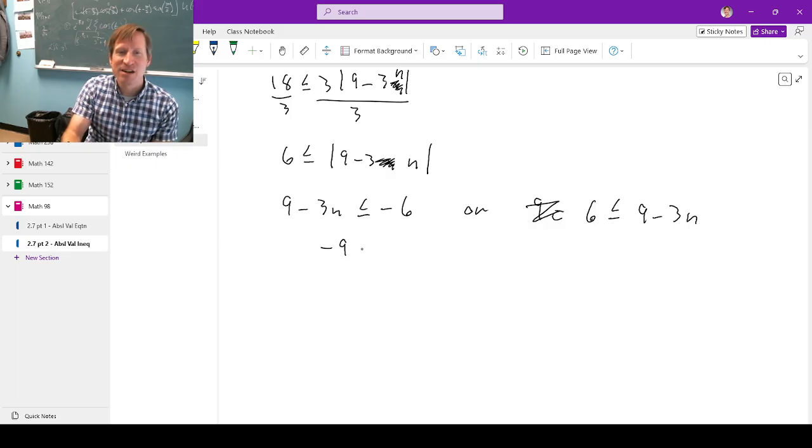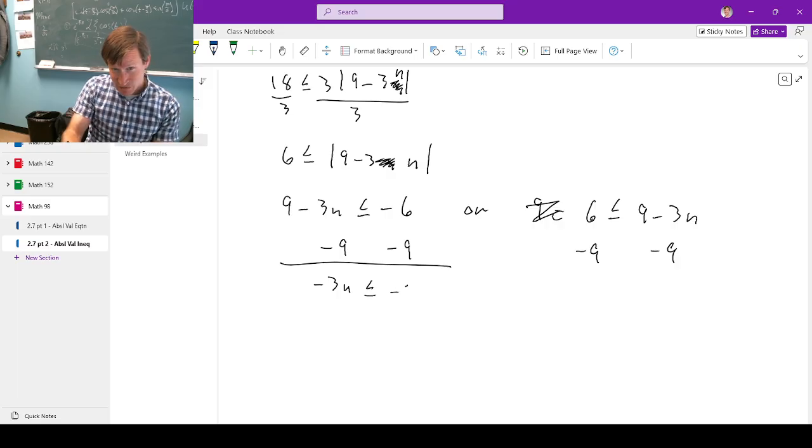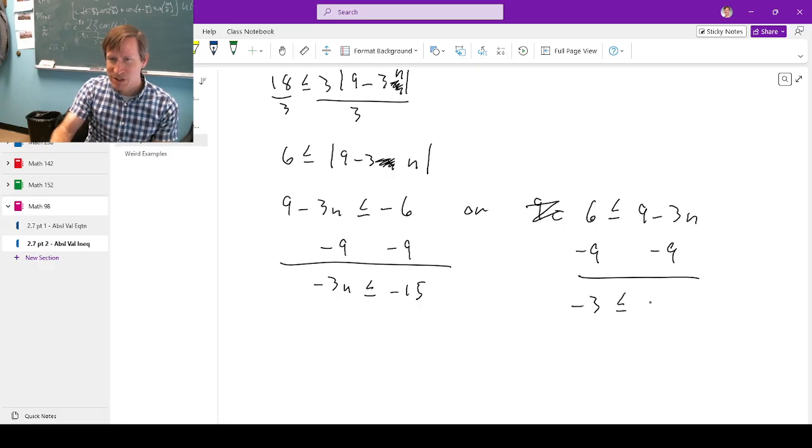So let's subtract 9 from both sides in both inequalities. So in the first inequality, we get minus 3n less than or equal to negative 15. In the second inequality, we get minus 3 less than or equal to negative 3n.